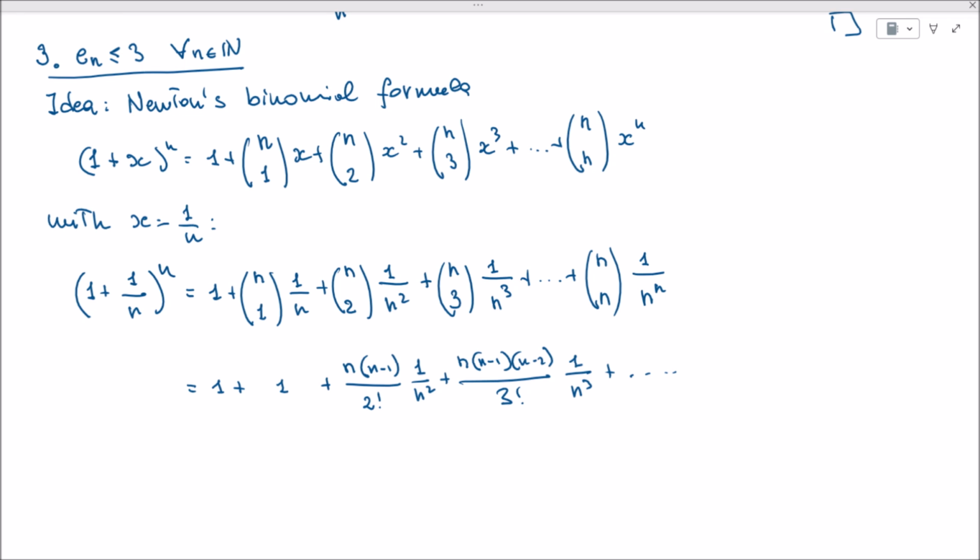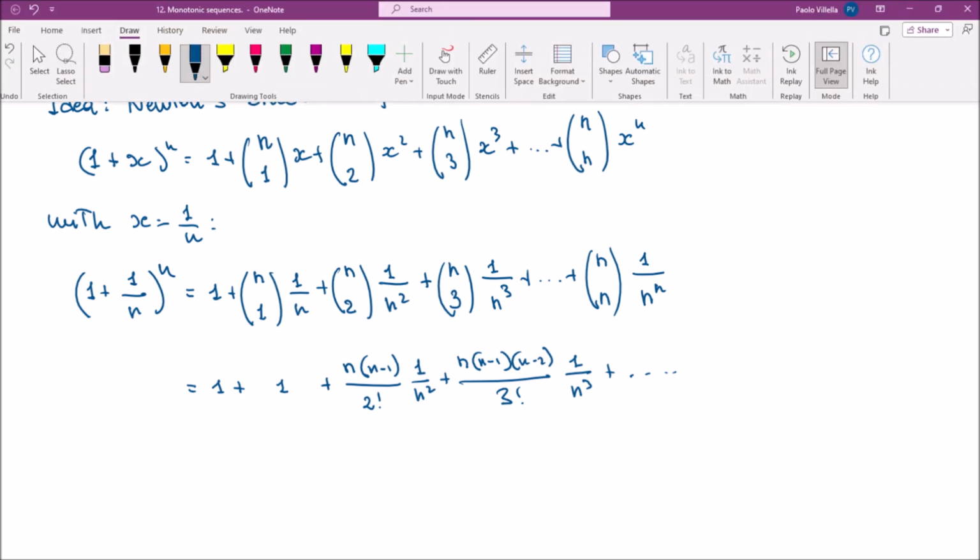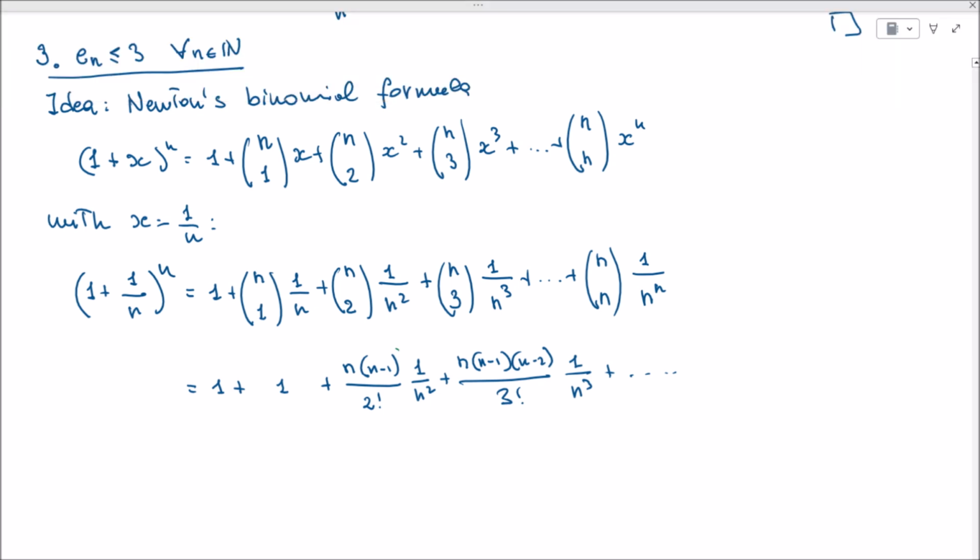Okay, now notice that if we identify this part in each term, we realize that this part is less than or equal to 1, because this is a fraction that contains at the numerator n times n minus 1, whereas the denominator is n times n, so clearly this is less than or equal to 1.